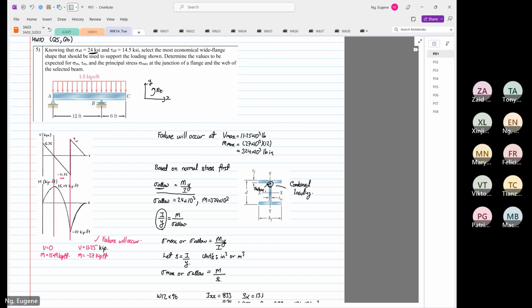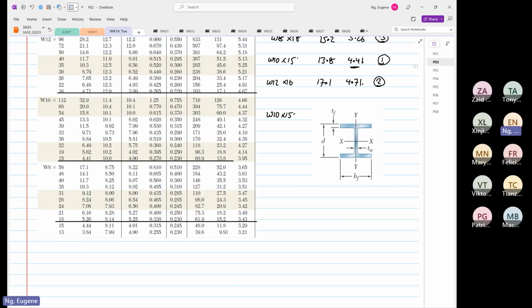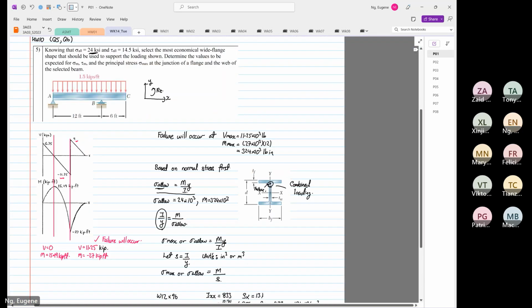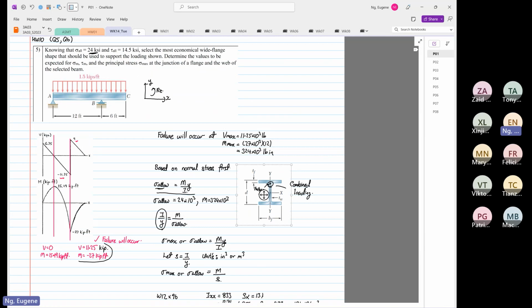So now we know for a fact that at this point, we have a combination of normal stress and shear stress.